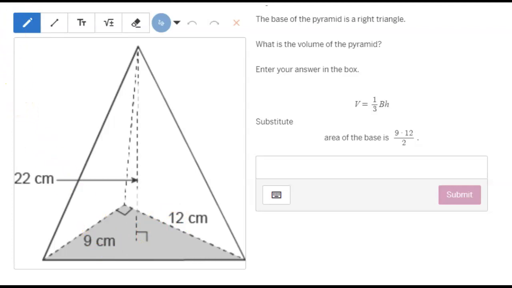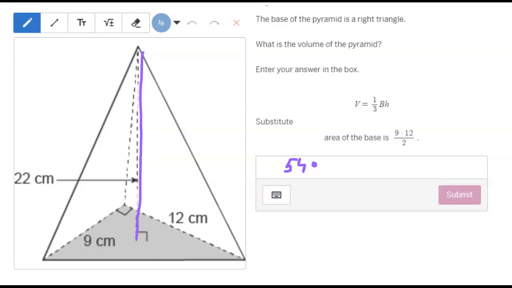So 9 times 12 divided by 2 is going to give us 54 for our base. And then we're going to plug in our height. So notice that right here is the height of our triangular pyramid.